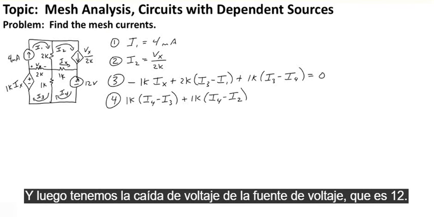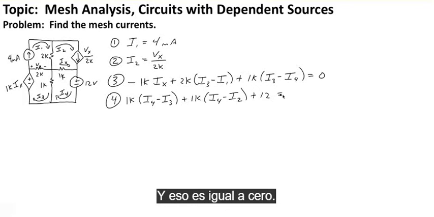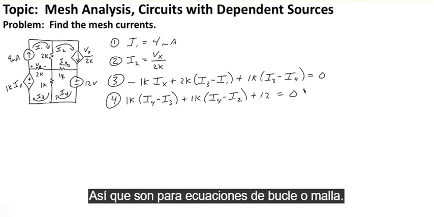And then we have the voltage drop from the voltage source, which is 12. And that's equal to 0. So there are our 4 loop or mesh equations.